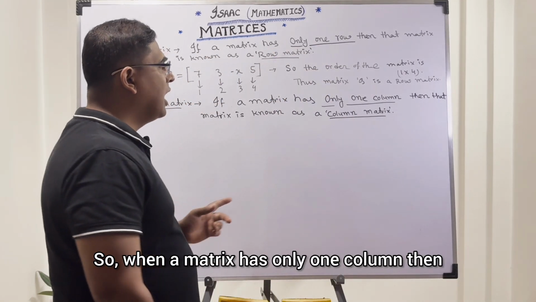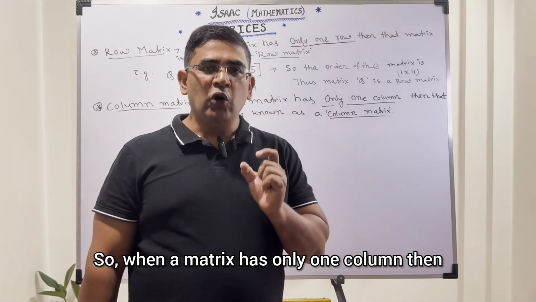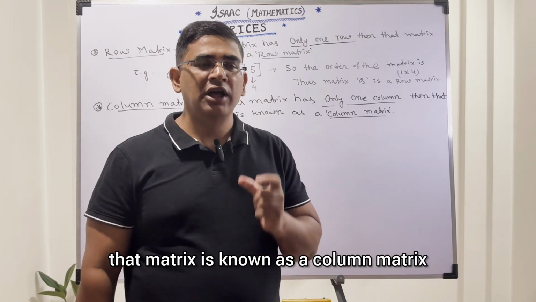Okay, so when a matrix has only one column, then that matrix is known as a column matrix.